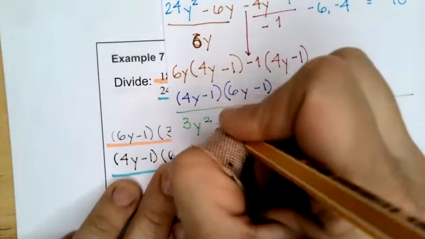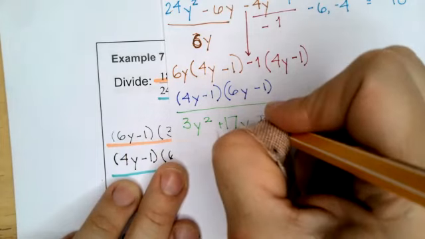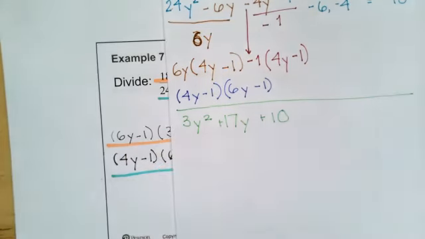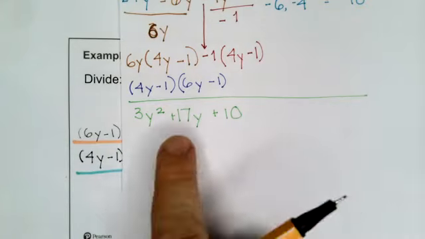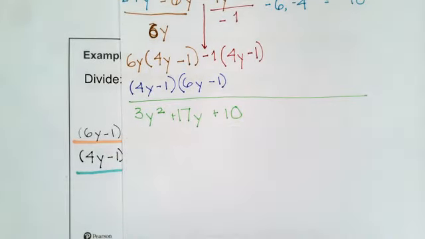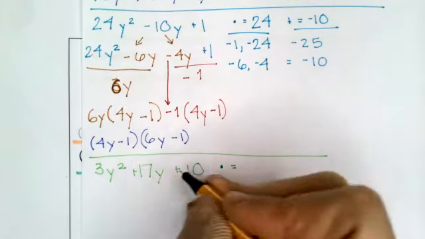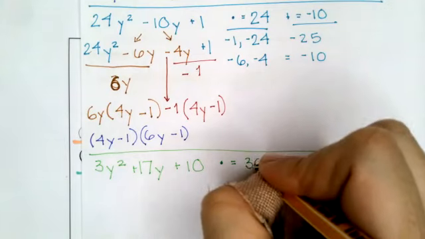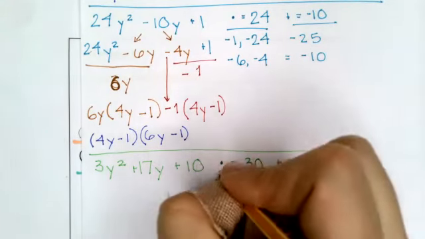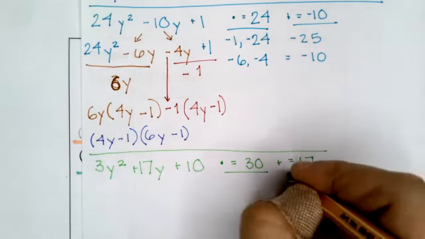Again, check that there's nothing you can divide out. 3 and 17 and 10 don't have any common factors. We want it to multiply to equal 3 times the positive 10, which is 30, and we want it to add to equal that positive 17. So we're only going to be using positive factors now.